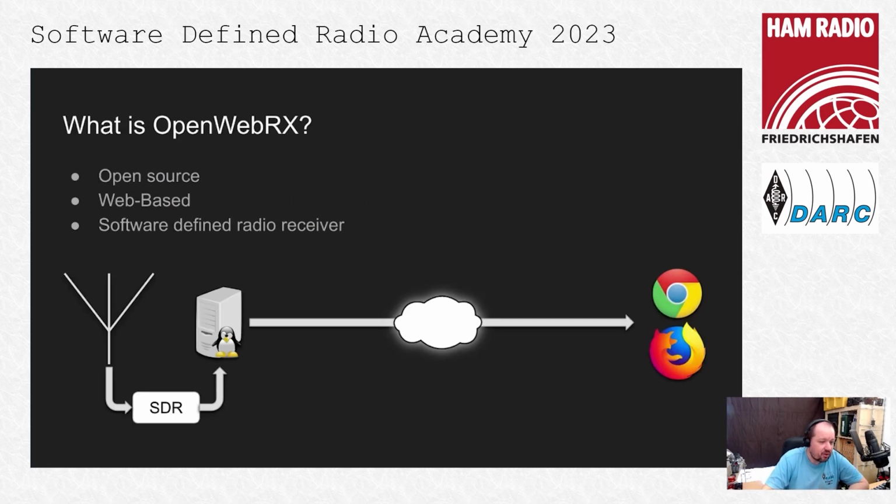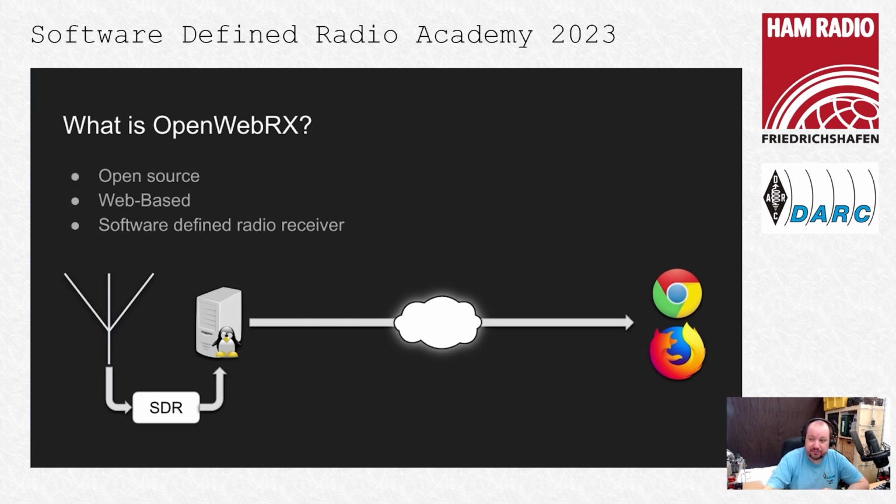Now, OpenWebRX itself, as I said, is an open source, web-based, software-defined radio receiver. I put up this little image here that I designed. Basically, the concept of a web-based SDR receiver is: you have your antenna, ideally.